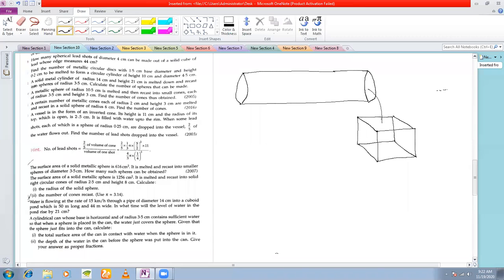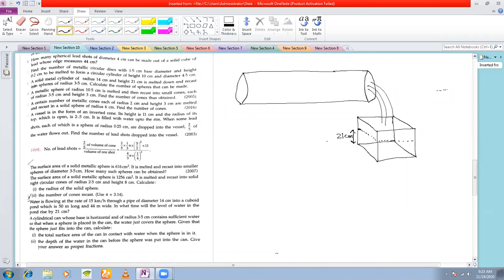So water is flowing from this pipe into this pond. And the question here is, in how much time will the water level rise to 21 centimeter here in this pond?